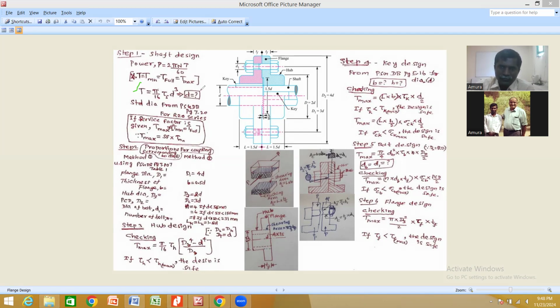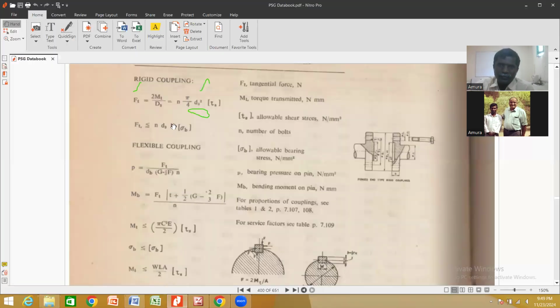After finding the diameter of the particular shaft, we have to select the standard diameter. For that, we have to move to the design data book, page number 7.20.